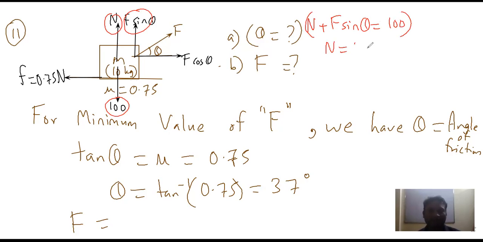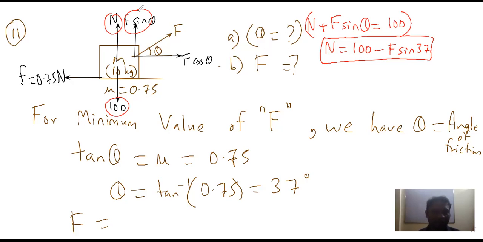N comes out to be 100 minus F sin theta. So theta is 37. Theta we already calculated. Let us substitute the value. It is 37. Sin 37 is 3 by 5. So after this, this is the value of normal reaction.